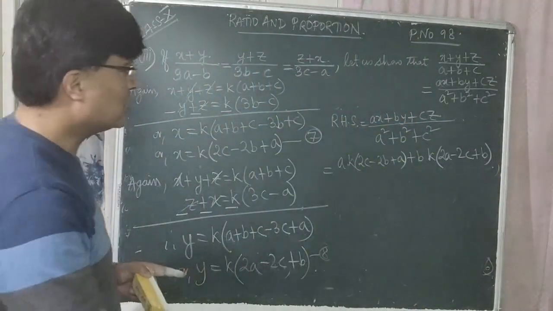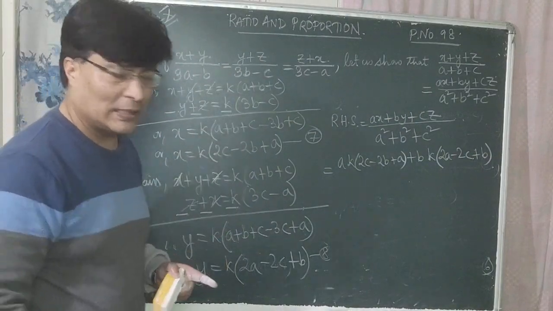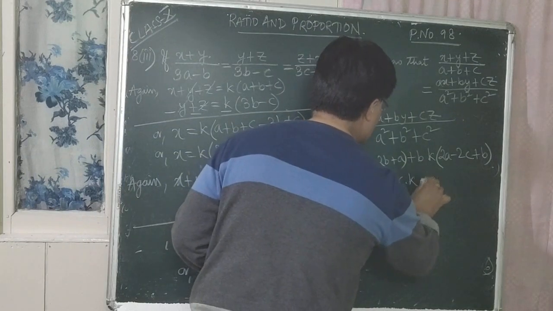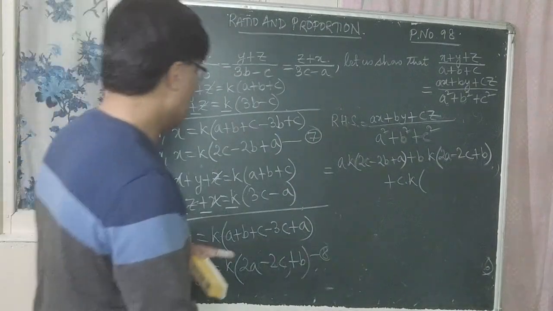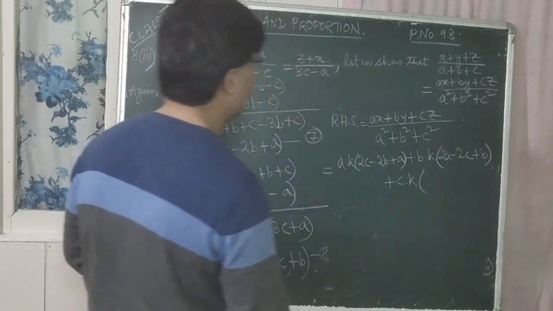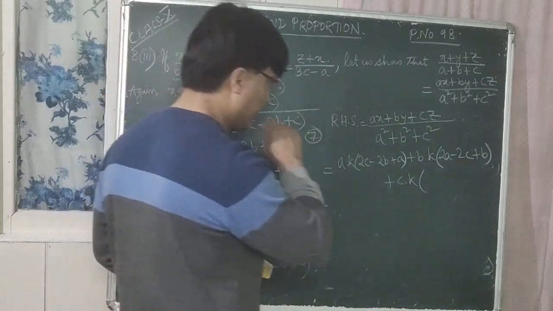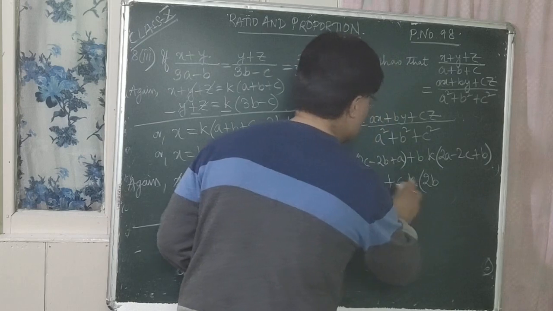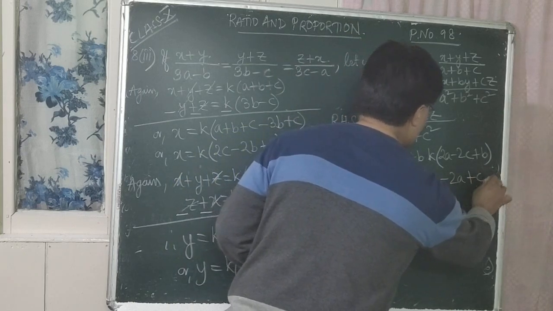Since there is no space out there for the third one, let us write it in the next step, plus c into k into what will be there? What was the value for z? Can you tell me what was the value for z? It should be 2b - 2a + c.